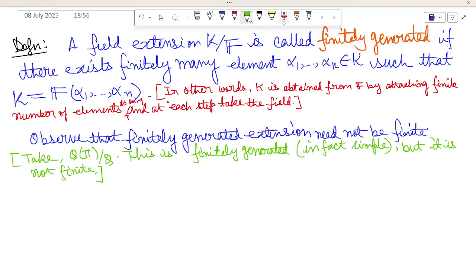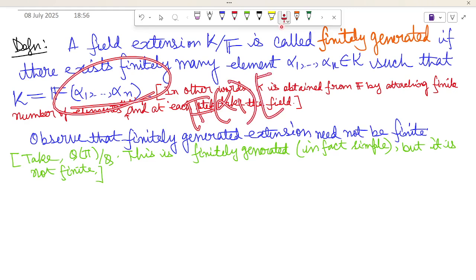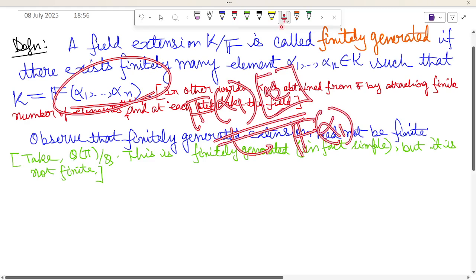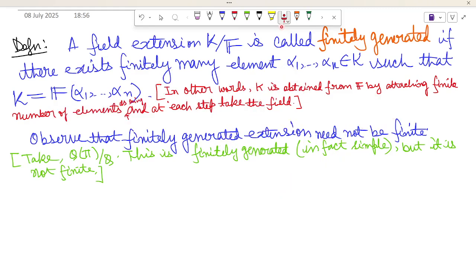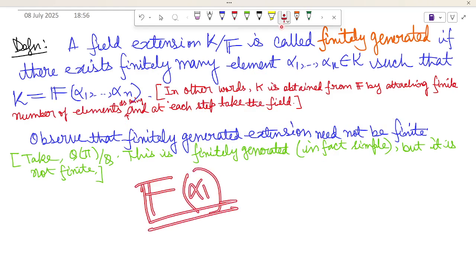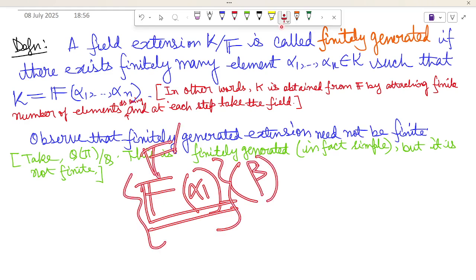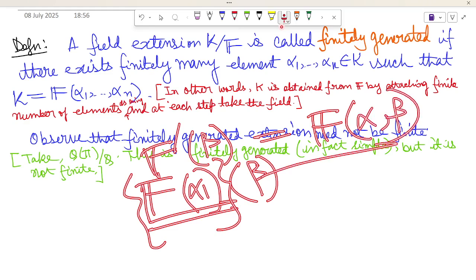Now, I told you a process: first from F adjoin alpha, then consider this, and if you take the quotient, you will get F(alpha 1, alpha 2). But is it equal to this? They might not be equal, or they might be equal. In our next theorem, we are saying yes, they are equal. If you take the field first, and suppose this is F', then F' adjoin beta is actually F(alpha, beta).